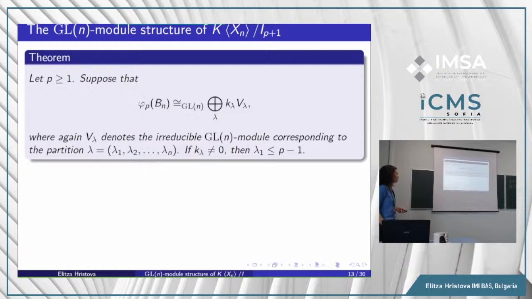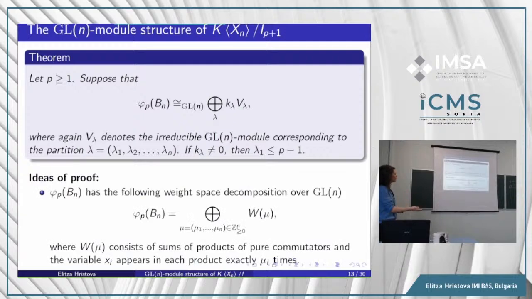Let me very quickly say what kind of methods we use for the proof. It's not a difficult proof, but I'll just mention the ideas. The first idea is this observation that if we write down the weight space decomposition of this space as a GLN module, then all the weights are given by n-tuples of integers.